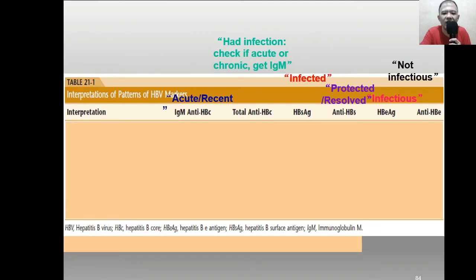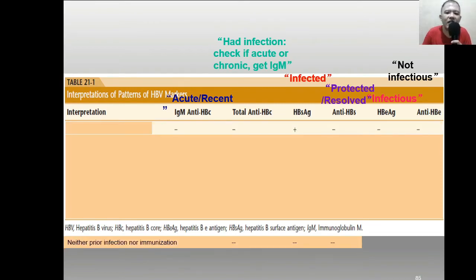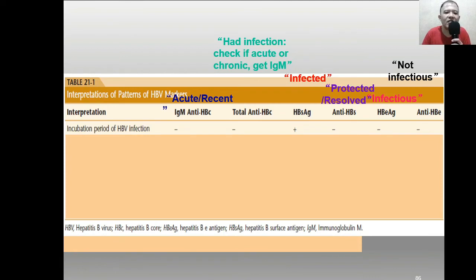So if you're given a result of, for example, HBS positive and the rest negative, that means the patient is in active disease, has been infected. I'm not saying infectious, has been infected. So the patient is still in the incubation period.